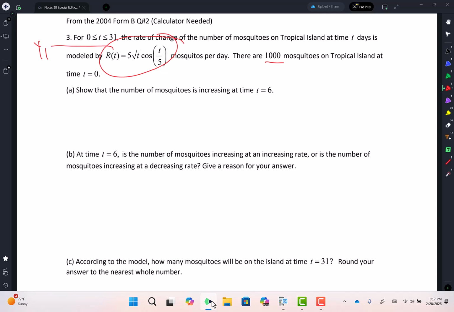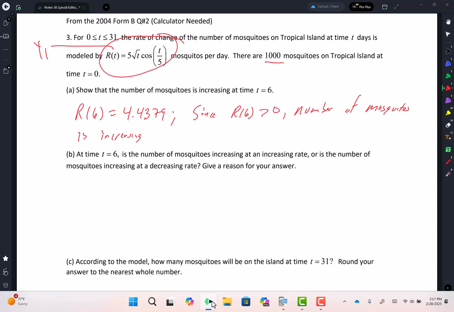So I'm going to write R of 6 equals 4.4379, semicolon, since R of 6 is positive, number of mosquitoes is increasing at t equals 6. Done. Does that make sense, guys?